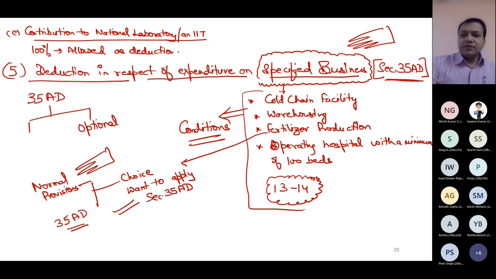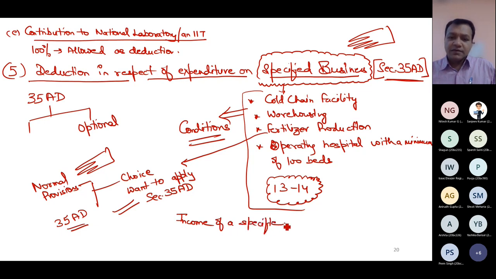So what you need to learn for this 35 AD is what maximum you can get at your level. Somewhere in the question I can get this point, income of a specified business. If the word specified business is written, the examiner might also tell you that it is 35 AD business.